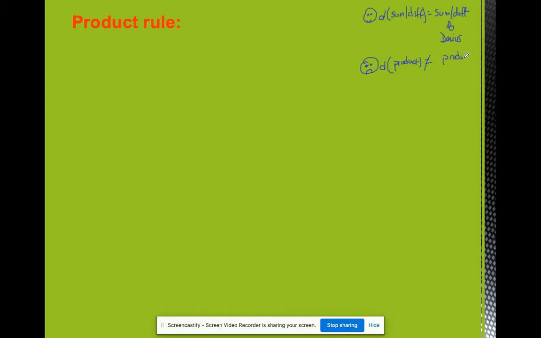And that goes for quotient as well. The derivative of a product or quotient is not the product or quotient of the derivatives. It is simply not true.